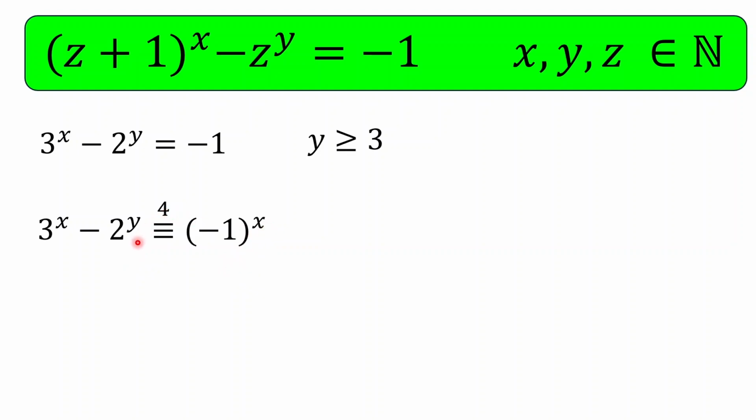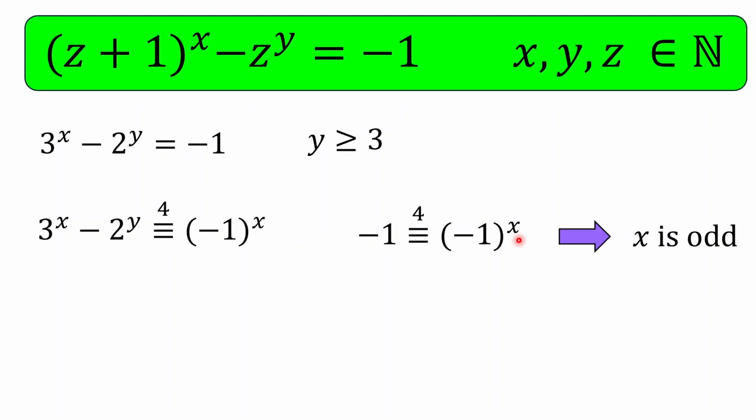But we know that this side of the equation is equal to minus 1. Therefore, minus 1 modulo 4 is equal to (-1)^x. We conclude that x has to be an odd number, because if x is even, this becomes plus 1, and this is minus 1, which does not have a solution. Okay, so x is odd. We put it here: 3^(2k+1) - 2^y = -1.